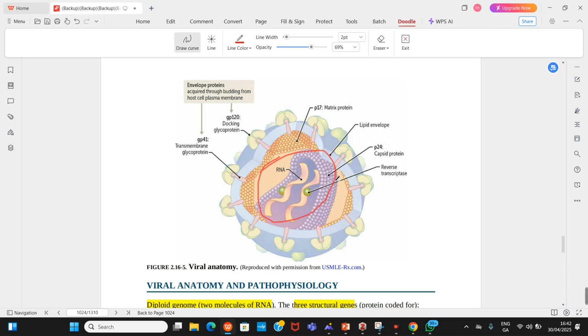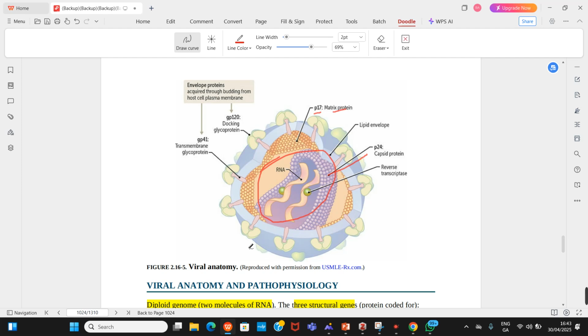And this is very, very important in the testing. The capsid protein P24 that includes the genome is very, very important in the testing. Then all those things too are now surrounded by the matrix protein, which is P17. I don't talk about this, it's not very important. Then of course, covered by lipid envelope.